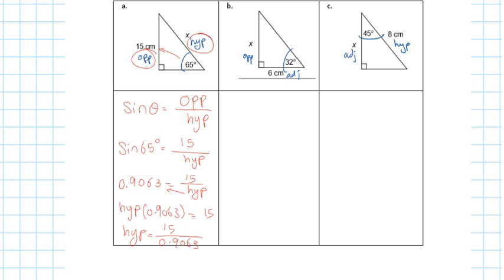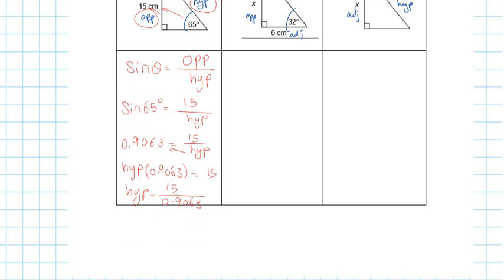Can I just tell you a trick here? Instead of doing all of these steps, you see how the hypotenuse and the sine 65 switch spots. Always, if whatever you're looking for is in the denominator, like the hypotenuse here, what I do is I switch their spots.